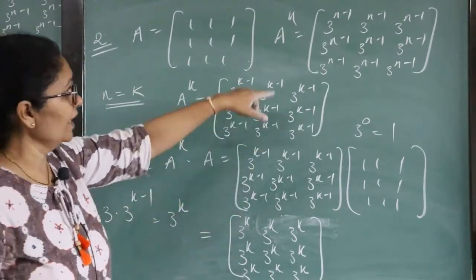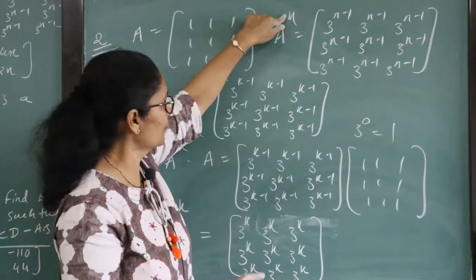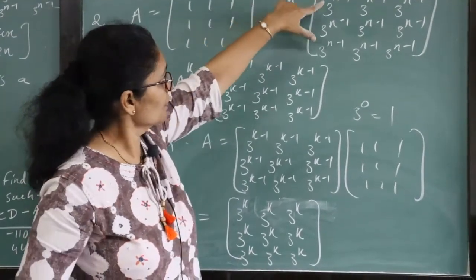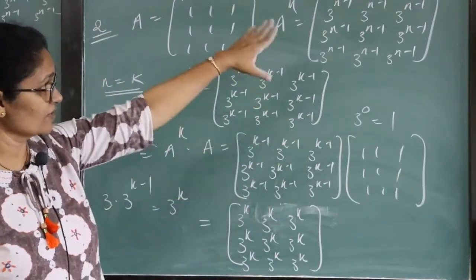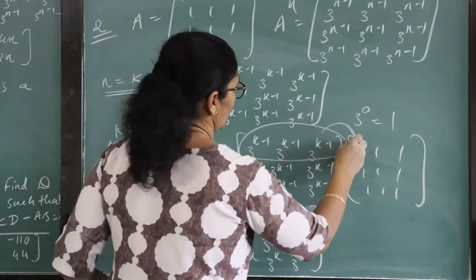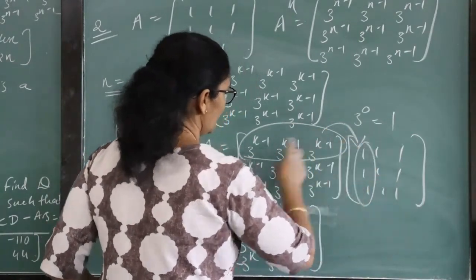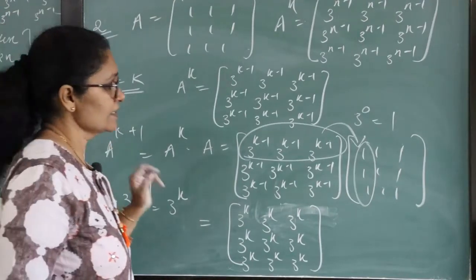Now check, in our answer on place of n what you have to write? K plus 1. So if here I write k plus 1 minus 1 means k power. So you get the matrix same. I have only solved first row, first column, because the same procedure will be repeated for all. So this is the second question.